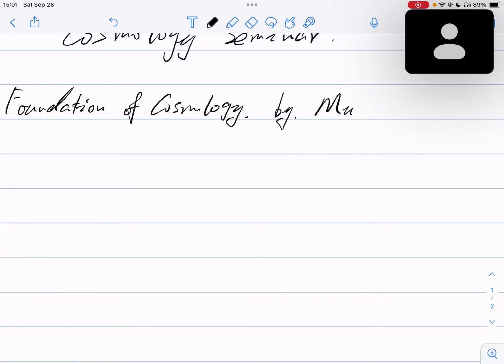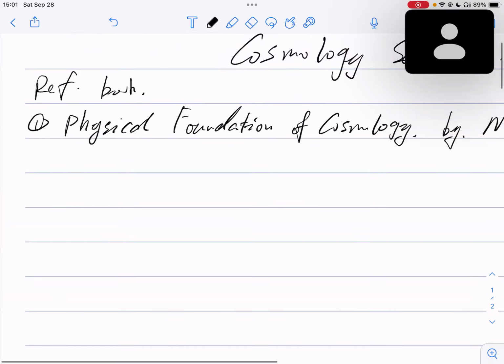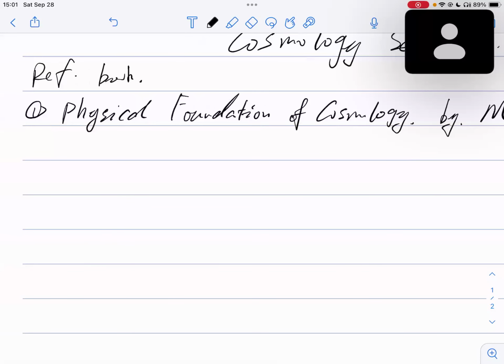I think he's a Russian professor, now at LMU. This book is focused on the very early universe, and because the author is one of the founders of inflation theory, this book is particularly good in the introduction of inflation.